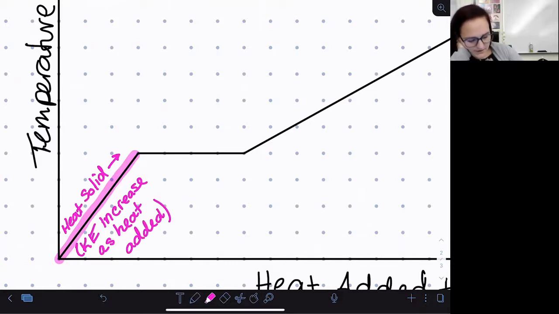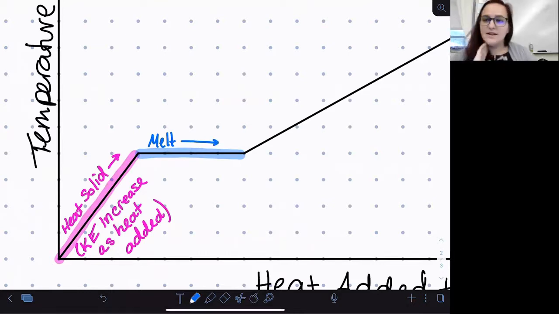The next portion we see here levels off, that even though we're adding heat, we're moving along our x-axis, it is horizontal, our temperature is not changing, that remains constant. So in this portion of the graph, what's happening is that we're undergoing the melting process, that our solid is converting into a liquid. If we're thinking about this in the add heat direction, we can also think about this in the other direction, in which case this line segment would represent freezing. But if we're thinking about adding heat in, we would be melting.